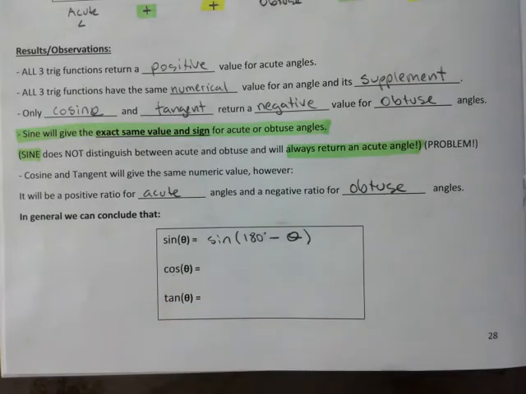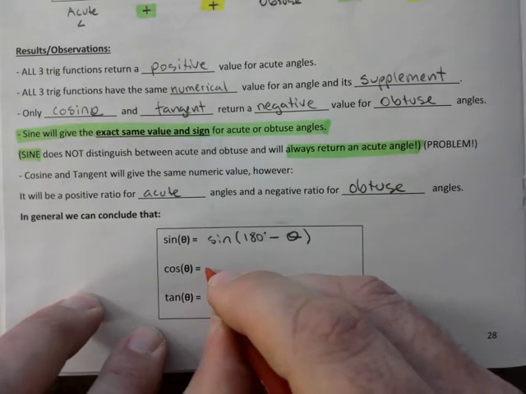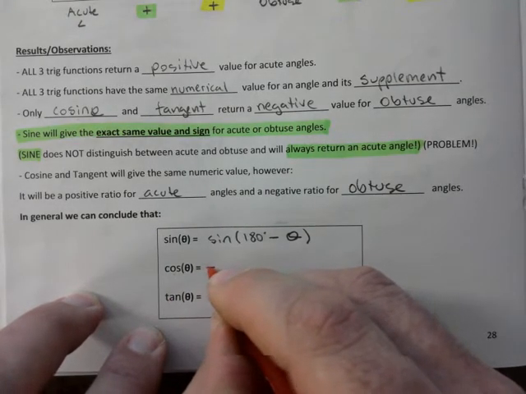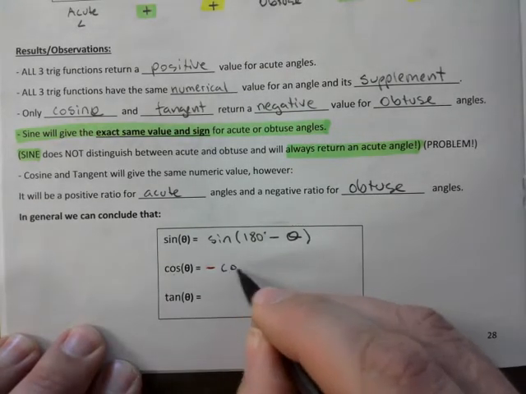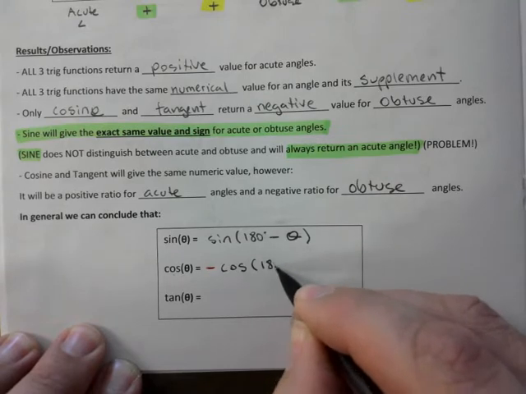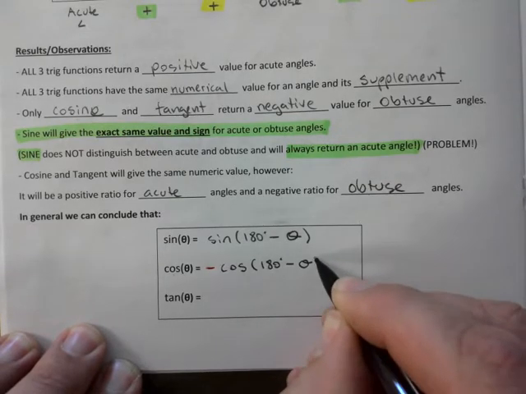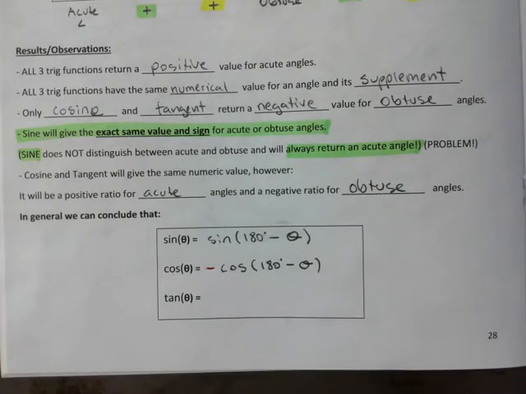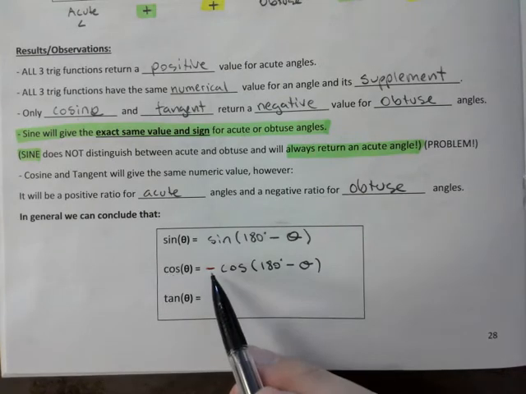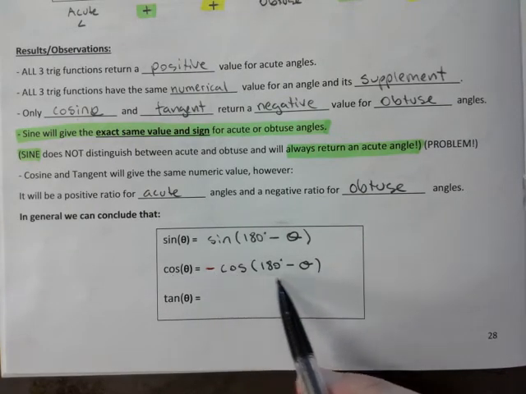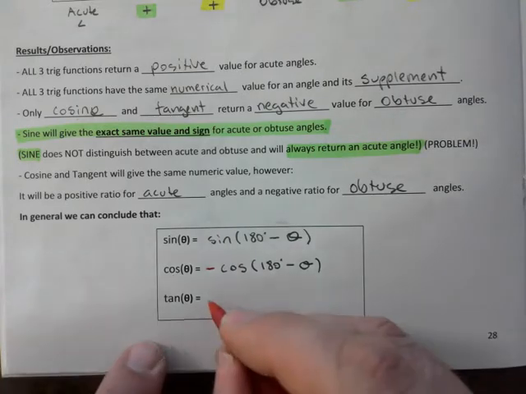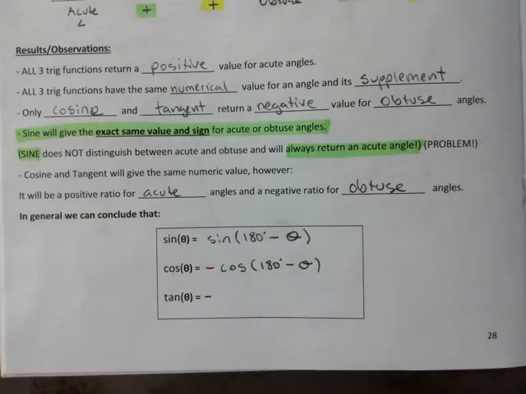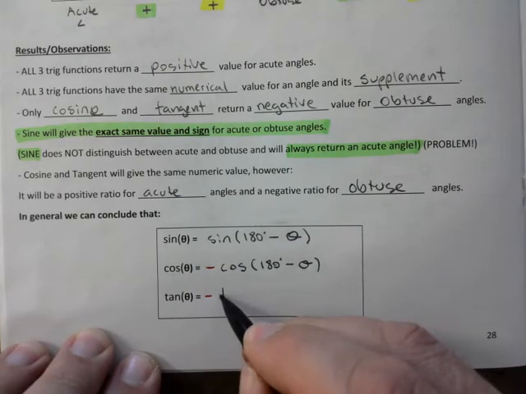Cosine of theta is not going to be exactly the same. You're going to have to throw in a negative in front of it and then follow it with cosine of 180 degrees minus theta. For the equation to equal out, you're going to have to throw that negative in front of it because this is going to return a negative, right? And I'm just throwing tangent in there as well, just in case. You're going to have to do the same thing.